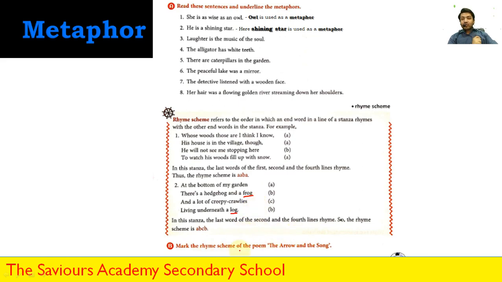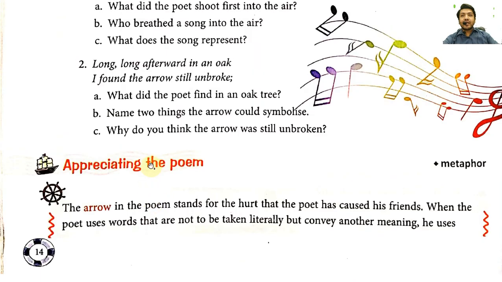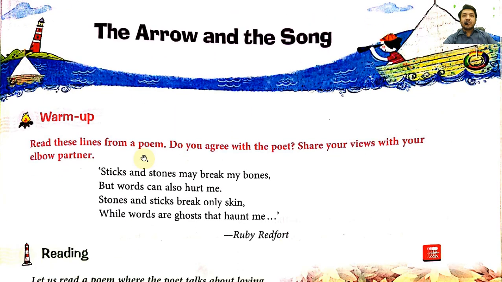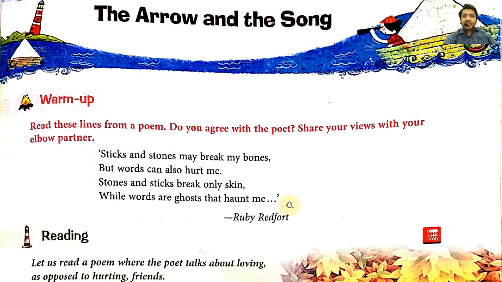Okay, which poem? The poem that we did, The Arrow and the Song. I'll show you one part of how you have to do it. So let us jump into the book directly. We'll go to the first page. On the first page, the first lines are from another poem. I'm taking this. Okay.